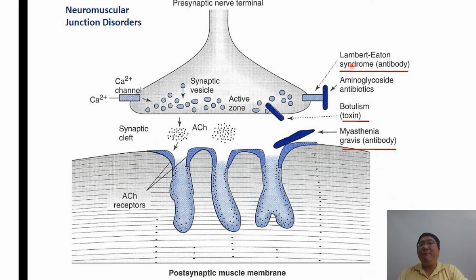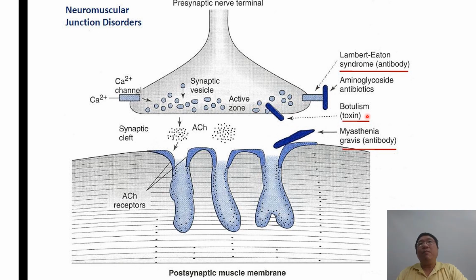Another one, Lambert-Eaton syndrome. In this condition, the body's antibody binds to presynaptic voltage-gated calcium channel, resulting in muscle weakness.